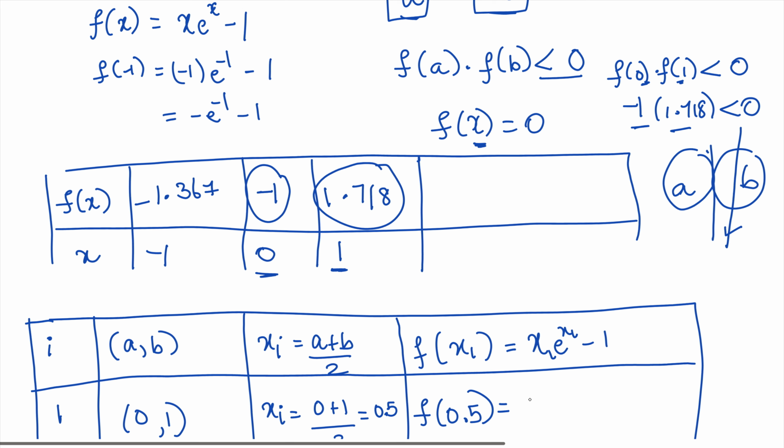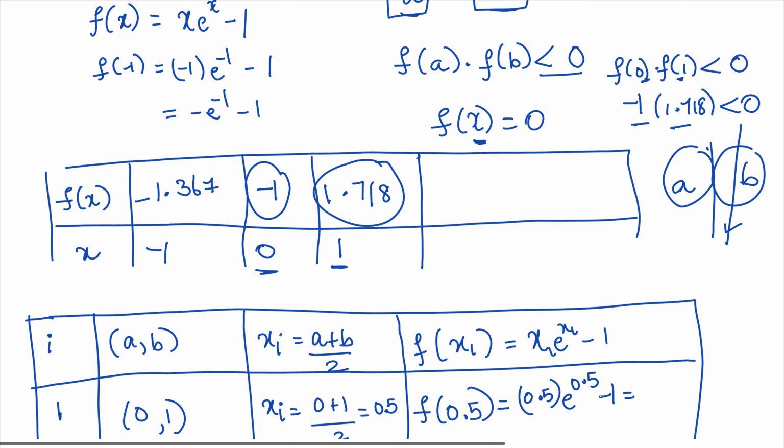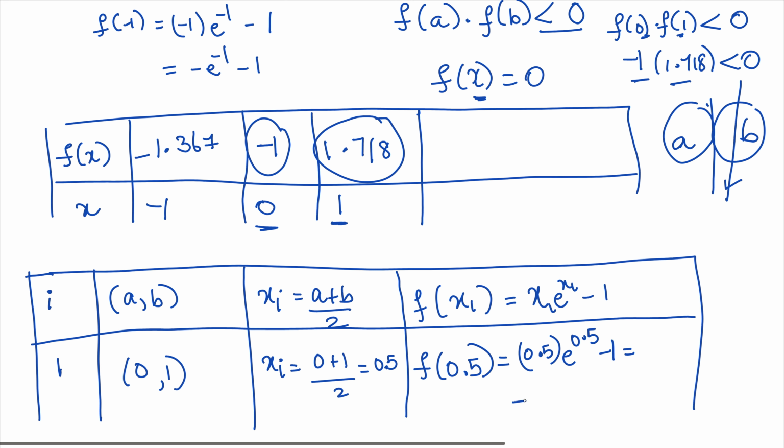So f of 0.5 is 0.5 into e power 0.5 minus 1. I am using my calculator. The value is minus 0.176, which is less than 0.